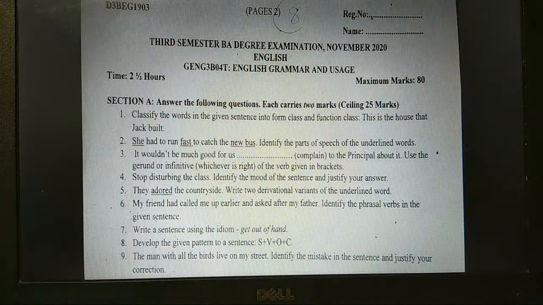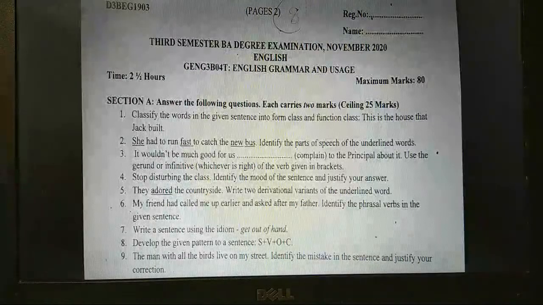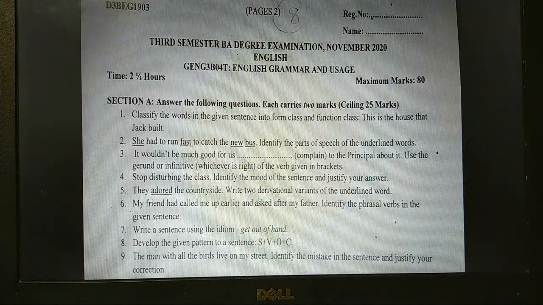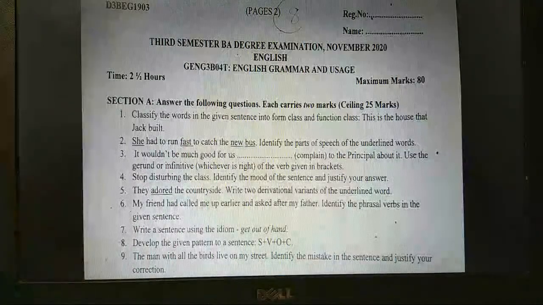So this is just classify the words into form class and function class. One side you can write form class, that is of course the margin side, left hand side. Right hand side you can write function class. Form class words are house, Jack, and built.